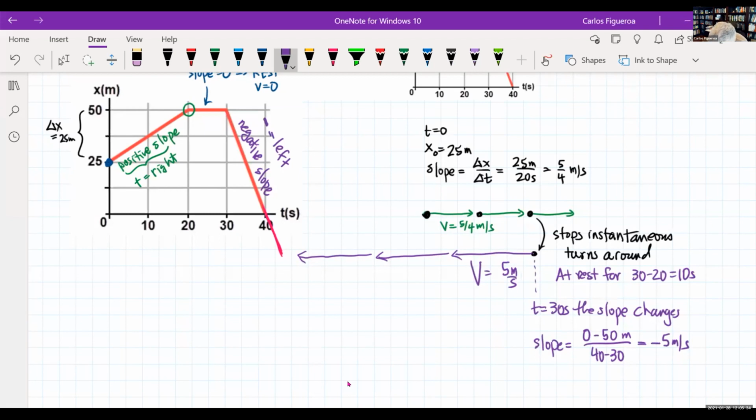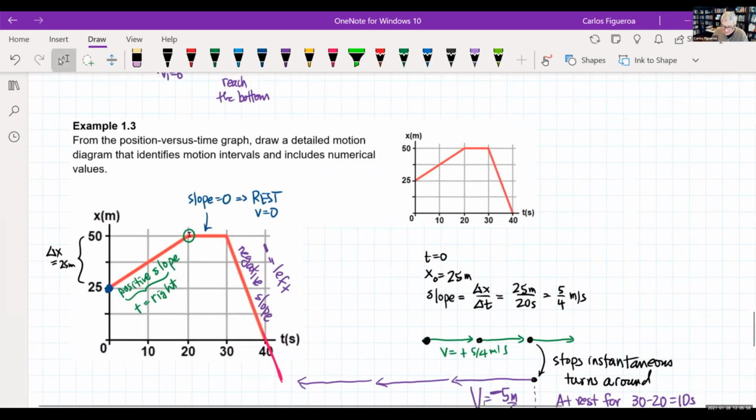And in this previous case, let me erase this, and I want to put a plus sign here. So this is plus 5/4 meters per second. And because it's going to the left, I'm going to put a minus sign here. So it has a speed of 5 meters per second, but it's going in the leftwards direction.